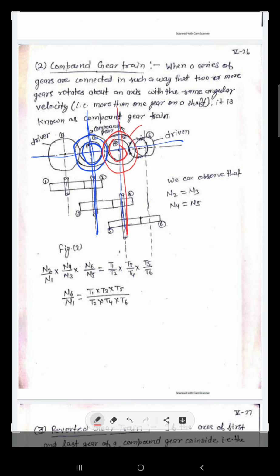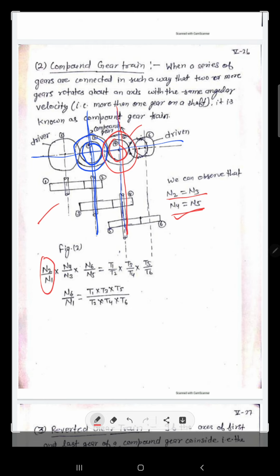In this figure, a top view, we can observe N2 is equal to N3 and N4 is equal to N5. N2 equal to N3 means the speed of gear number 2 is equal to the speed of gear number 3, and the speed of gear number 4 is equal to the speed of gear number 5.